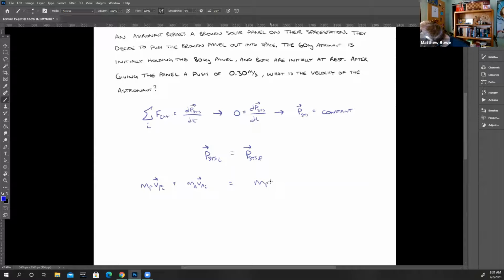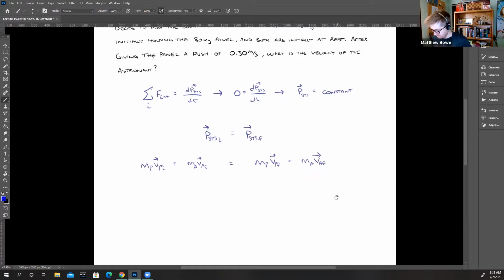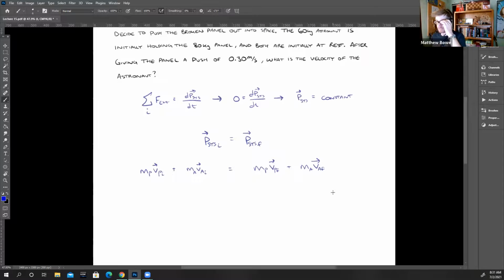Mass of the panel times its velocity, final. Mass of the astronaut, the velocity of the astronaut, final. All right. Now this is where you can see that it's important to keep in mind where everything is and its velocity.